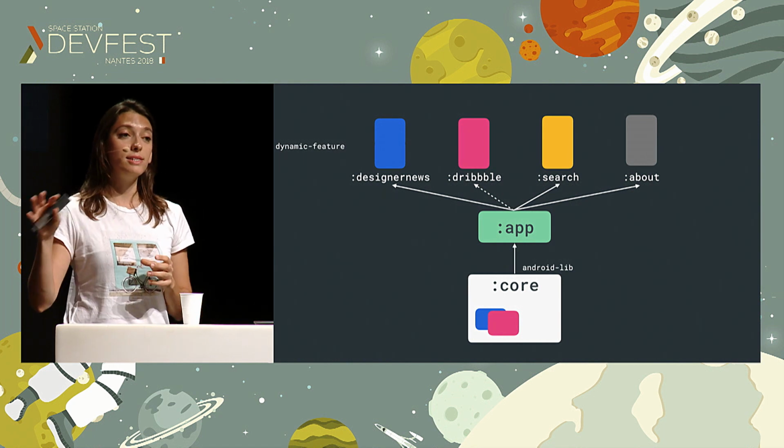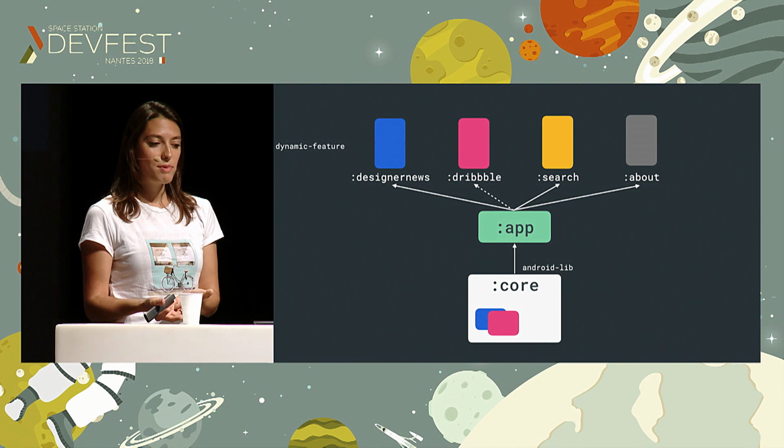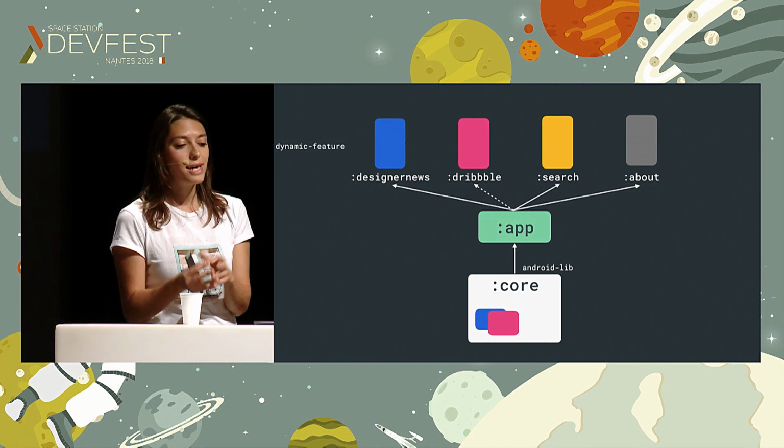The about is in its own dynamic feature module. Even if they are dynamic features, because we didn't enable the dynamic delivery for now, they come bundled in the app when you're installing the application. But the thing is that we have this strict modular separation between dependencies. So this kind of architecture already forces us to ensure that we are not leaking classes from one module to another.